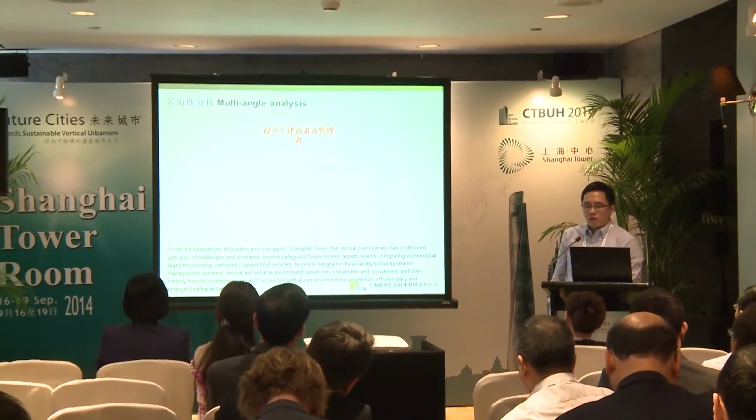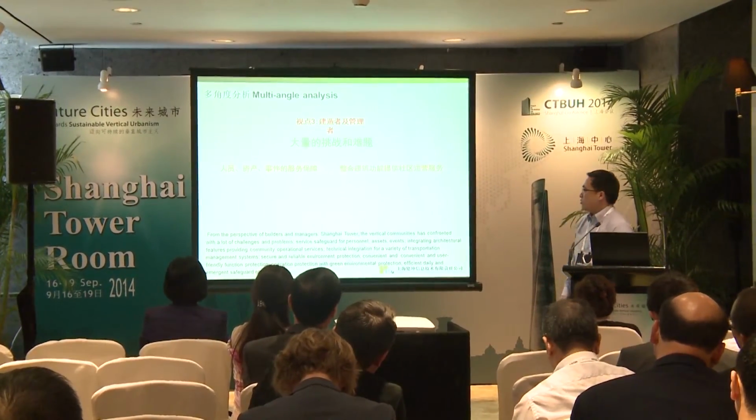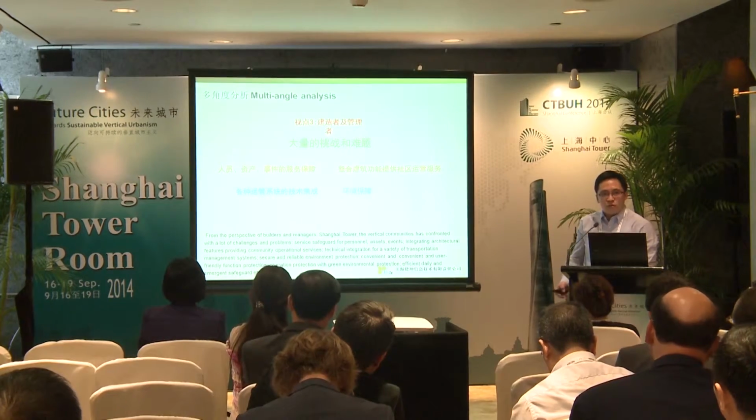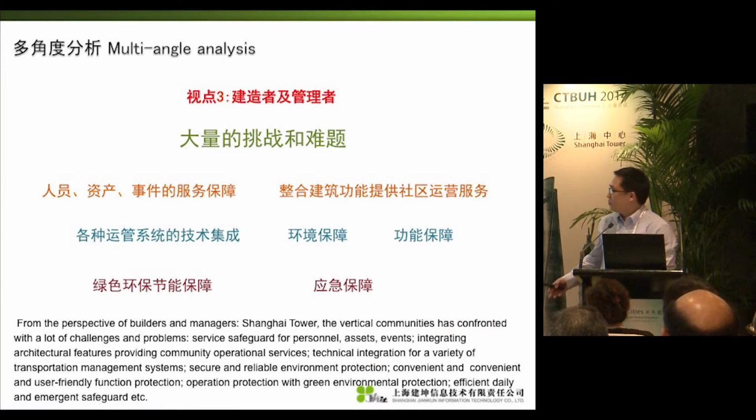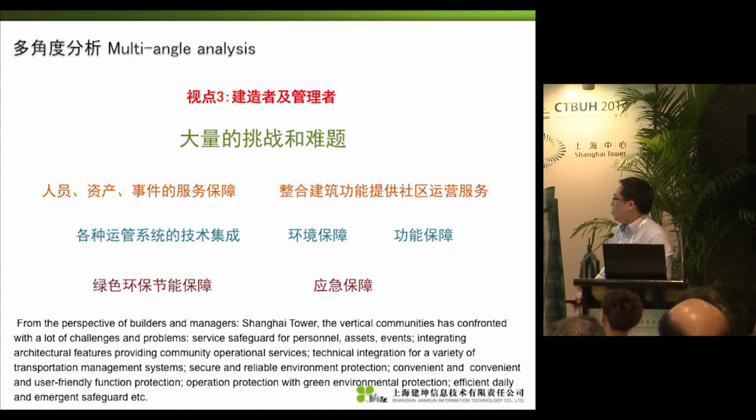For our builder, our owner, and also the future managers, we have to take up a lot of challenges and difficulties. For example, how can we guarantee the services for our people, assets, and events, and how can we provide our operation services for the entire community? We also have to integrate all these systems to ensure the environment and functions are going well.